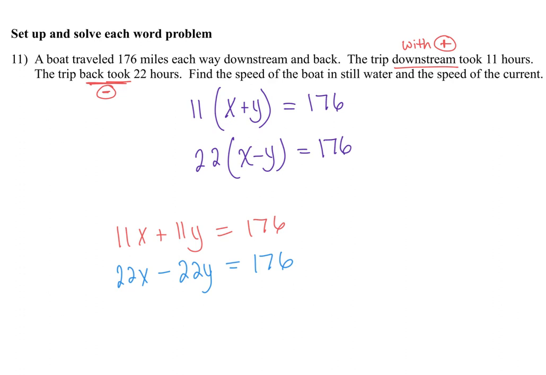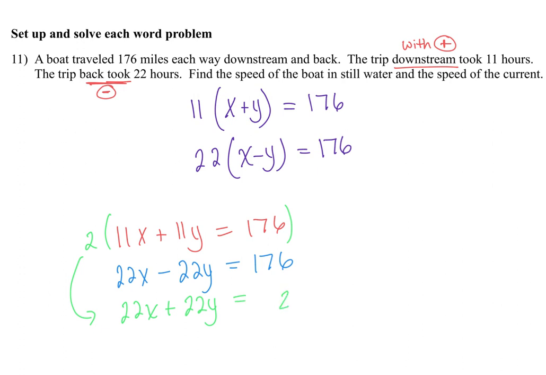I want to eliminate a variable. Well, the y is already an addition and subtraction. So if I multiply this whole guy by 2, this equation will be 22x plus 22y equals, and you just need to multiply that out.